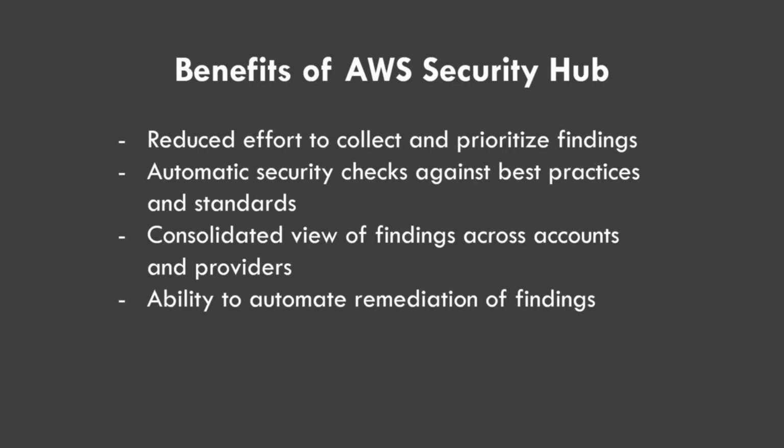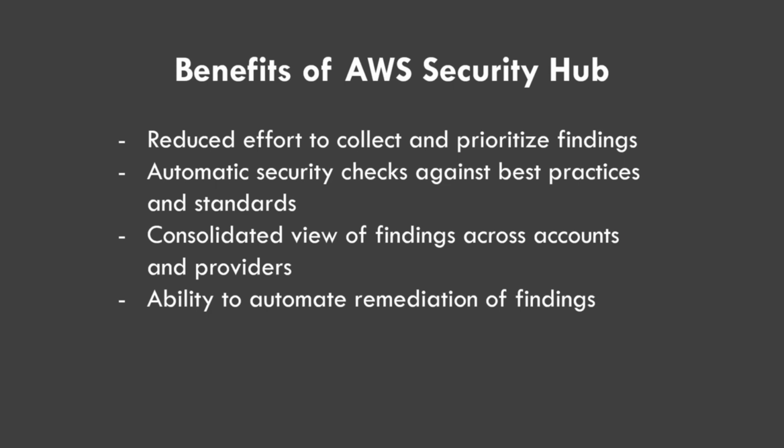So now, what are the benefits of the Security Hub? It reduces the effort to collect and prioritize the findings. For example, let's say we have lots of different Amazon security tools, right? Like we have Inspector, Access Analyzer.